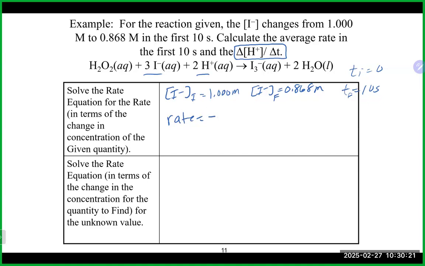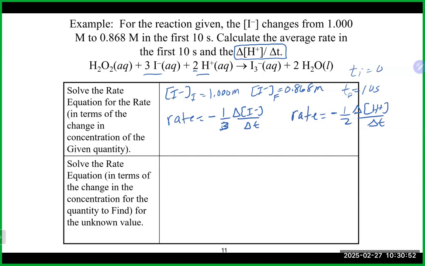The coefficient there for I minus is 3, 1 over 3, the change in the concentration of I minus over the change in time. We also could write the rate expression there for our H plus, which also is a reactant, so we also need the negative there. It also has coefficient of 2, so that's 1 over 2 change in concentration of H plus over the change in time. First off, any questions up to there?